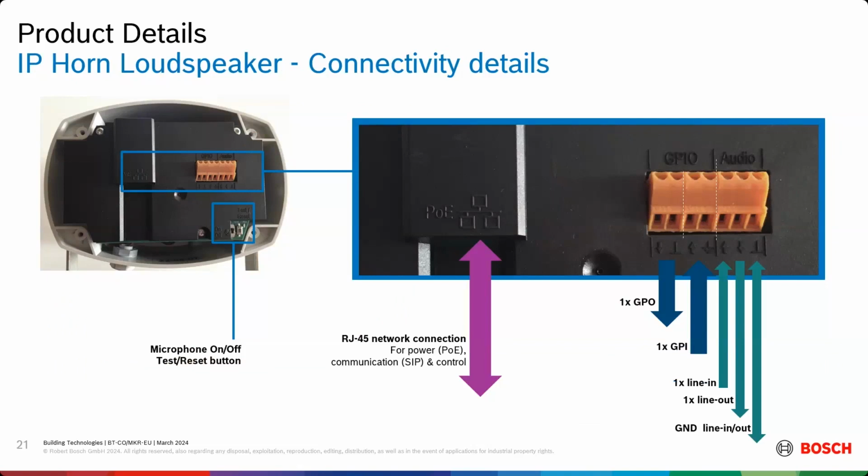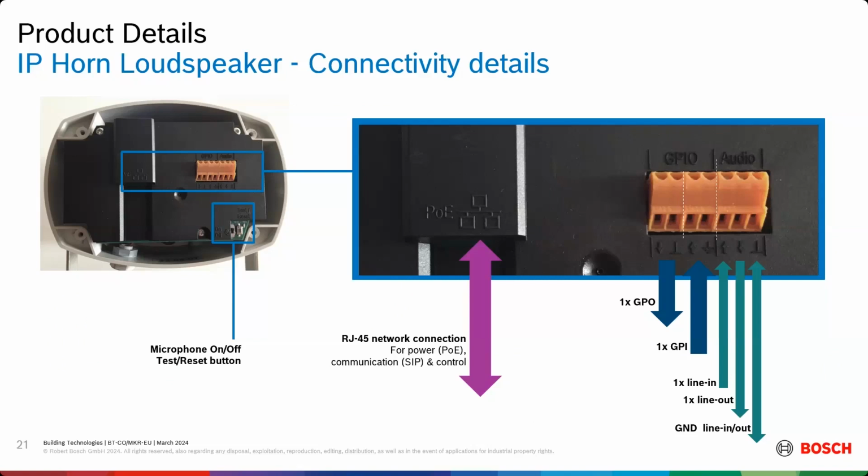Here you can see the back of the loudspeaker with the connectivity details. On the left-hand side is a PoE network port for power, communication, and control. On the right-hand side, we have a block divided into two parts. First, the GPIO terminal with one GPO and one GPI.